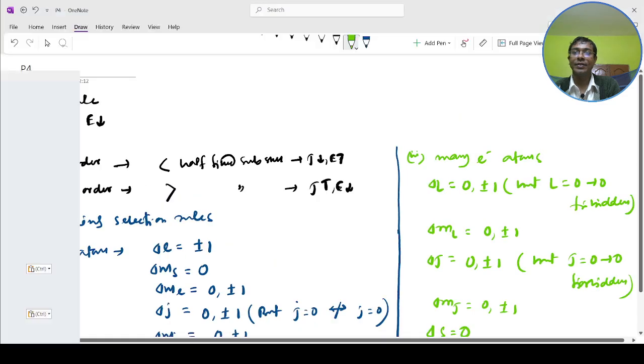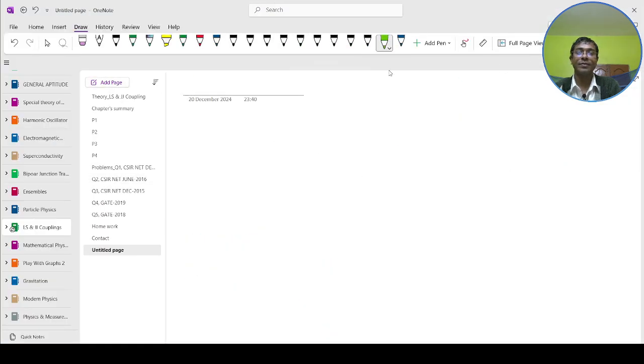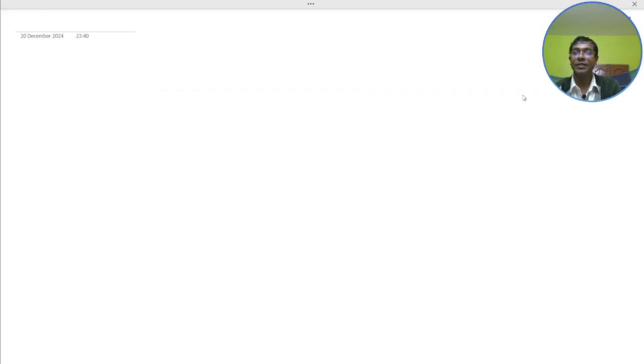And the last one is that basically the Laporte rule. For the transitions, it basically says that the parity, sum over l, is even or odd, of the electron configuration must change in an electric dipole transition.